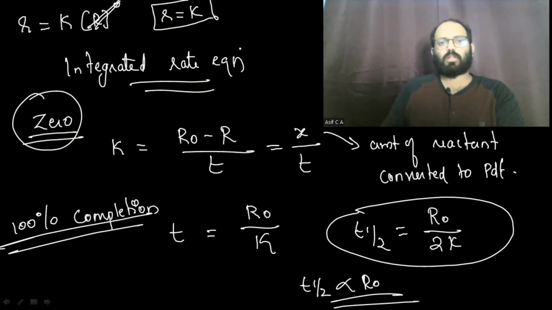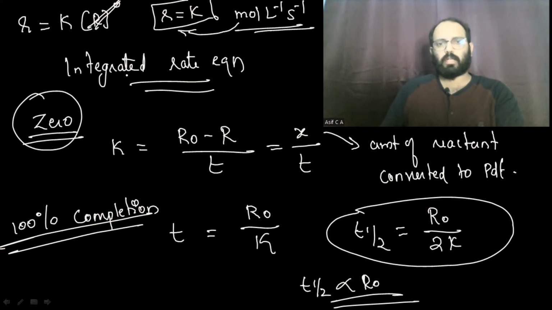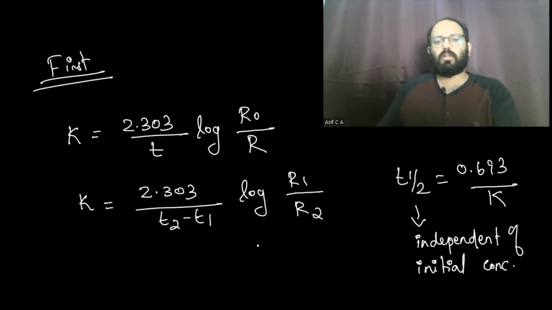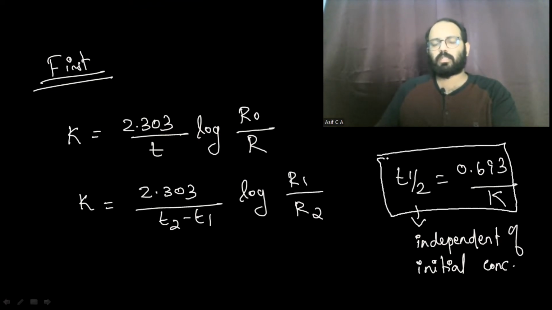So what is the unit of rate constant for zero order? Mole per liter per second, mole liter inverse second inverse. That is the unit of rate of reaction. Okay, here for the first order, t half is independent of the concentration of reactant.